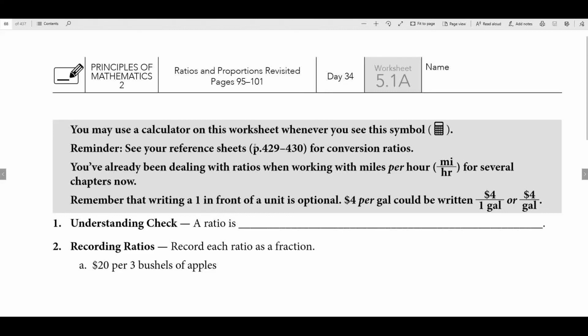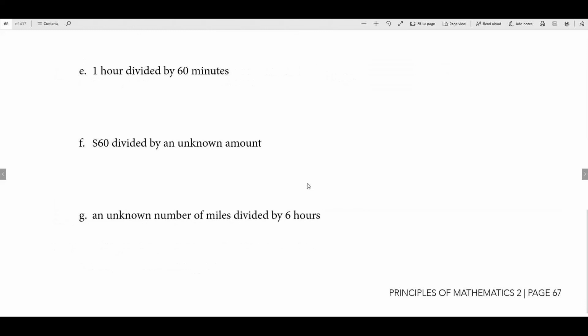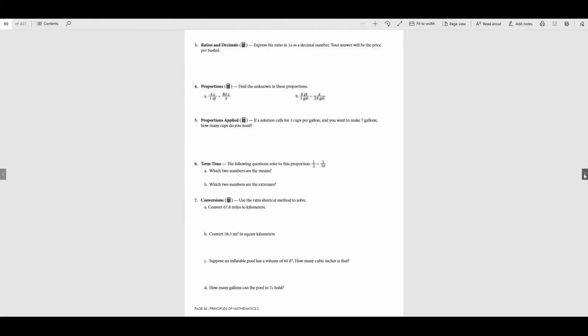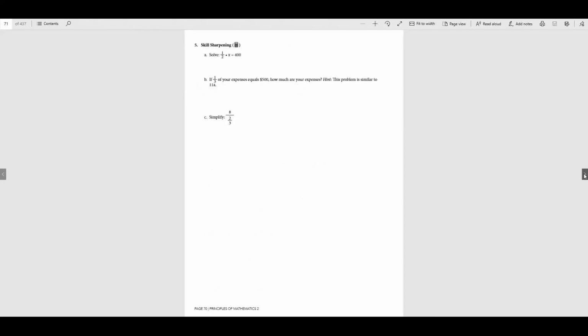Now, what I'd like for you to do on this first page, I don't want you to have to do every single one of them, but I want you to do some.